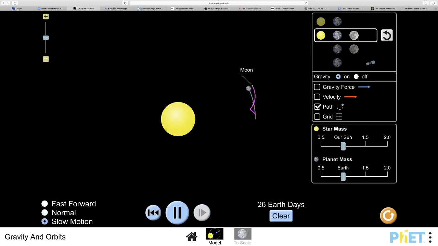This gray line shows the Earth's orbit. This purplish magenta color shows the Moon's orbit around the Sun. I'm sorry, around the Earth. Got too many objects going here. Let's put this on normal speed. So if you're out in space and can see the path of the Earth and the Moon going around the Sun, this is what it would look like.